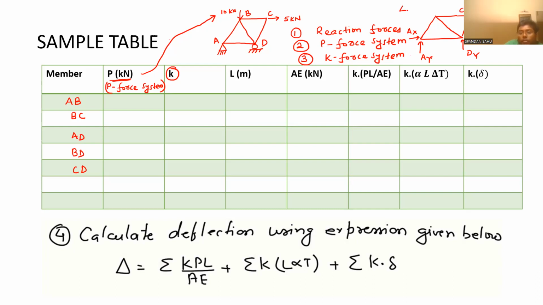Like I said, we need to calculate the displacement of joint C in the vertical direction. So I have assumed a unit vertical load at joint C in the downward direction. For this 1 unit virtual load, you calculate all those member forces again without considering, note, without considering the external forces. For this virtual load only, you need to calculate the member forces. That will denote the K force system.